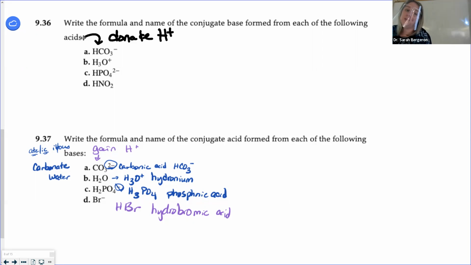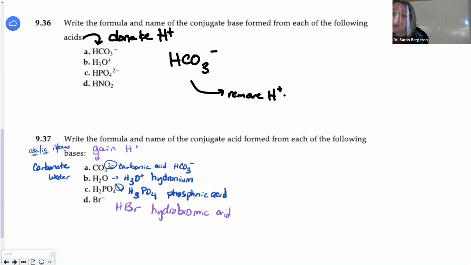So if we have this acid HCO3 and it donates a hydrogen ion, that means you take the formula and then you take away a hydrogen. So we have HCO3 minus. So we're going to remove not just a hydrogen, but a hydrogen ion. So did you see what I did when I said ion? I wrote a plus because that's a +1.